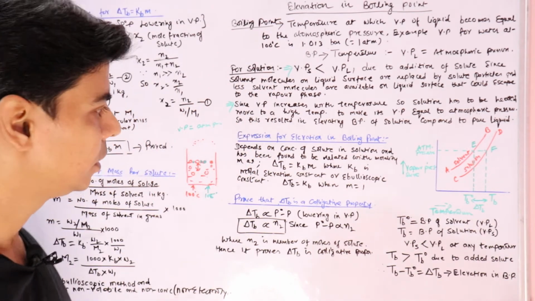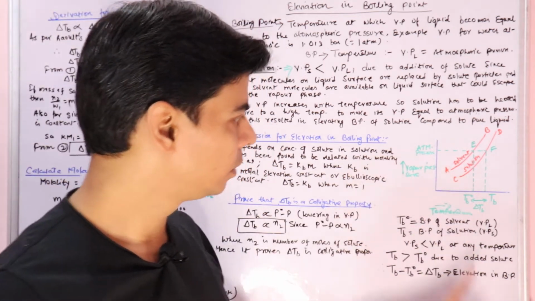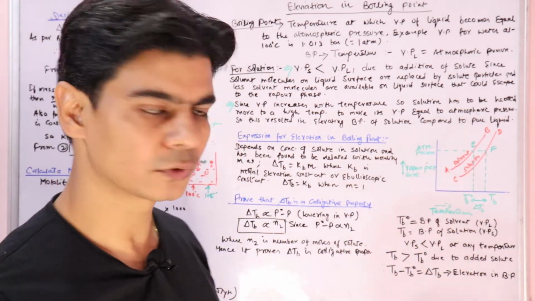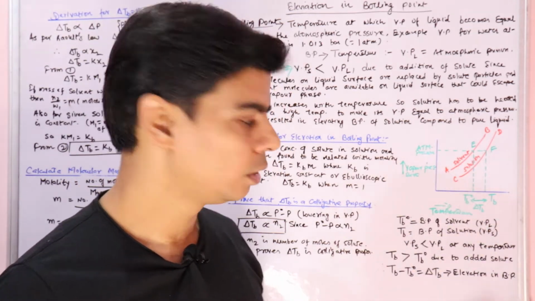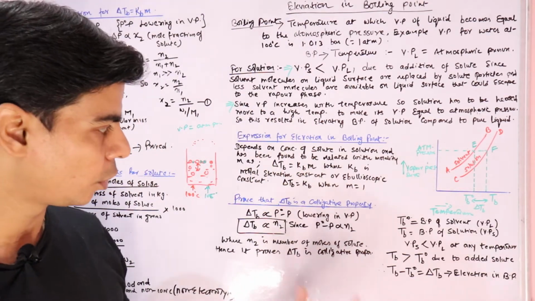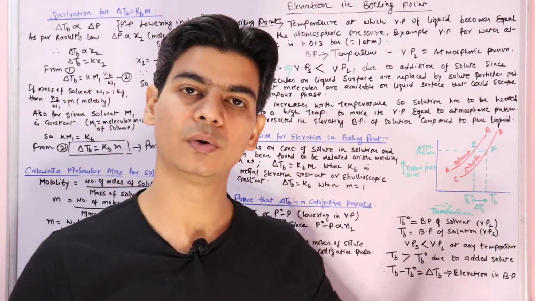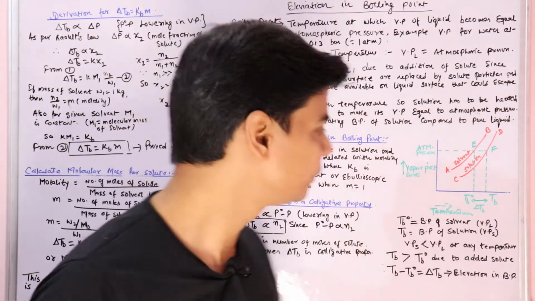These are two graphs. The graph below is for solution and above is for solvent. The graph for solution would always be below that of solvent, because the vapor pressure of solution is always less than that of solvent because of the added solute.